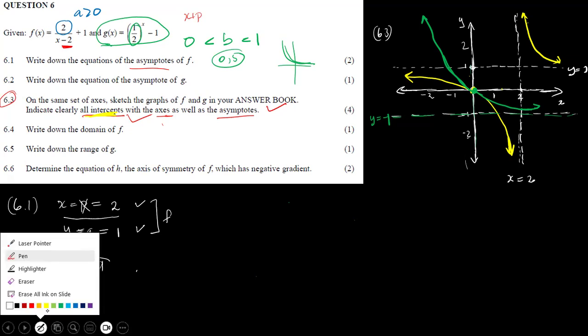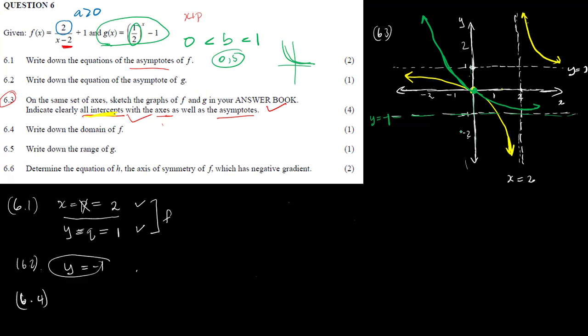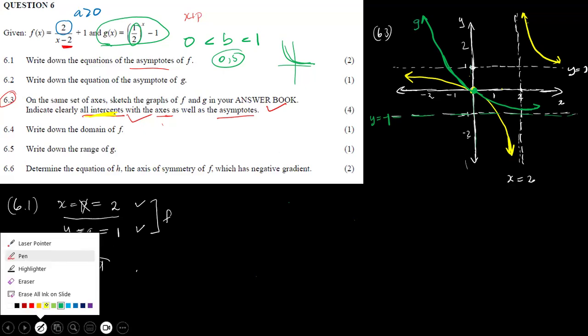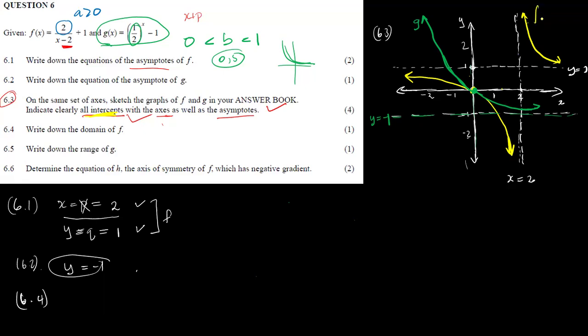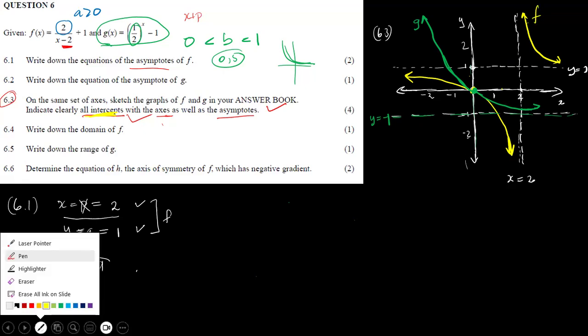This graph over here, oh, this one is the graph of g. This graph over here is the graph of f. So if you draw your graph correctly, you're going to easily answer 6.4, because I analyze the domain from the graph.